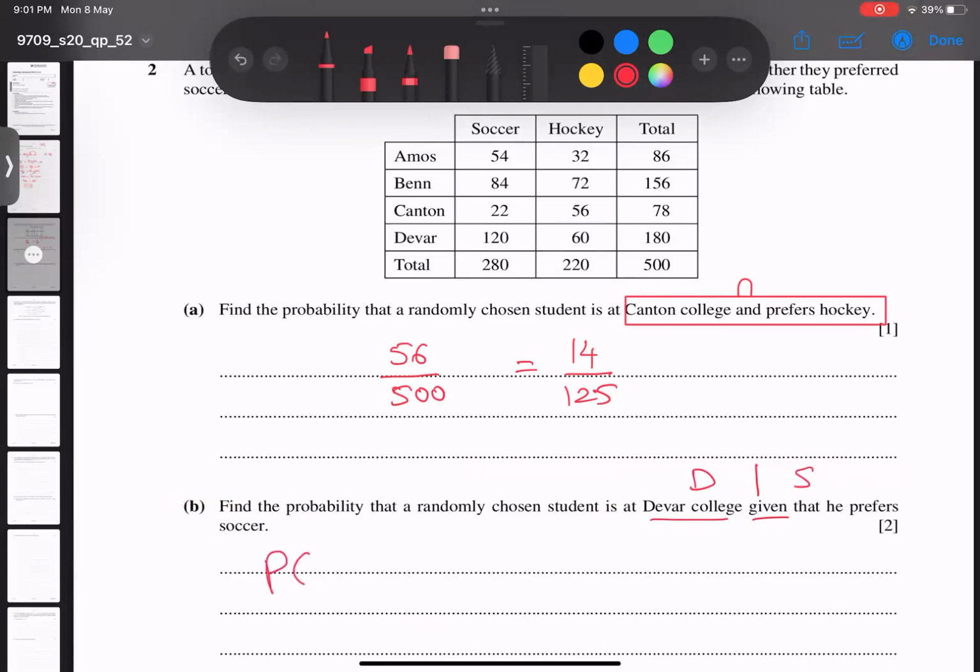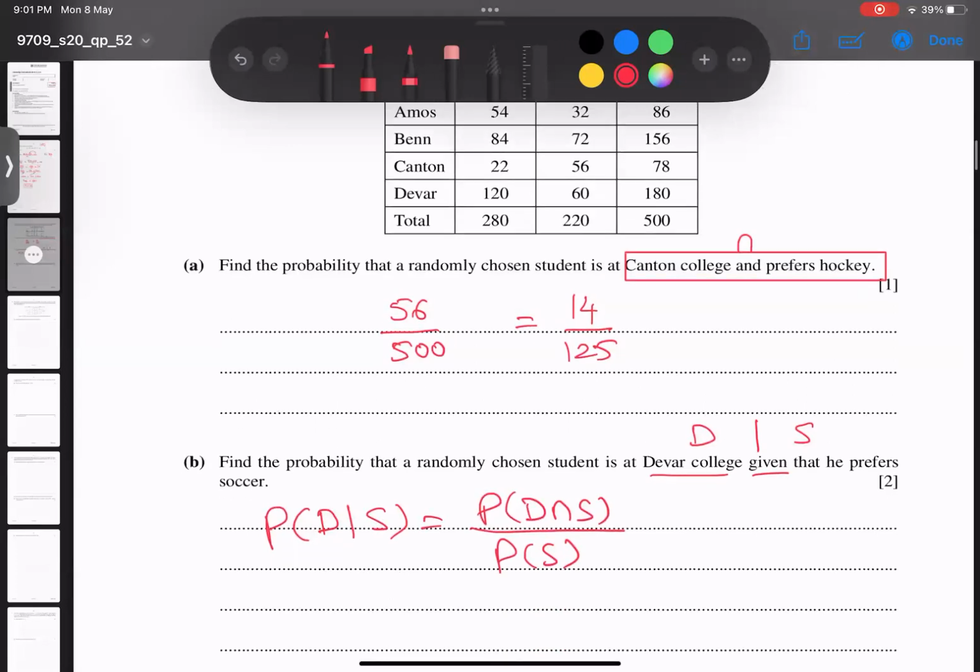So the plan is to find D given S. What is the formula students normally use? Whatever comes after the slash, or after 'given that', goes directly in the denominator. So the probability of S goes down, and the common part between them goes in the numerator. So D intersection S comes in the numerator.